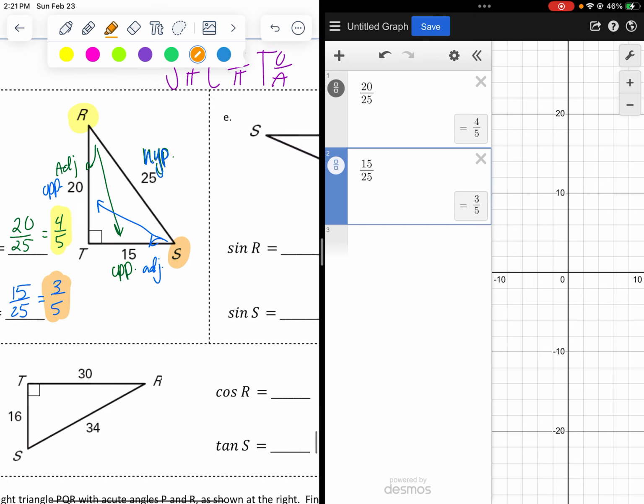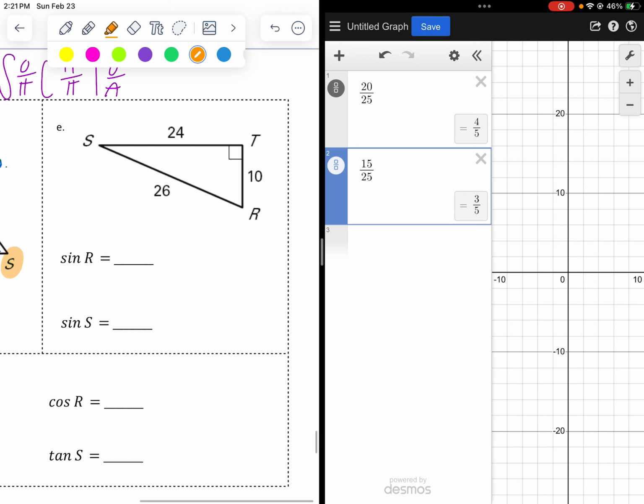All right, let's look at part E. So same exact thing. It looks like I'm looking at angles R and S, but specifically we're looking at sine, right? I know that sine is opposite over hypotenuse. So if I'm looking at sine of angle R, here's my R. I'm going to label my sides.